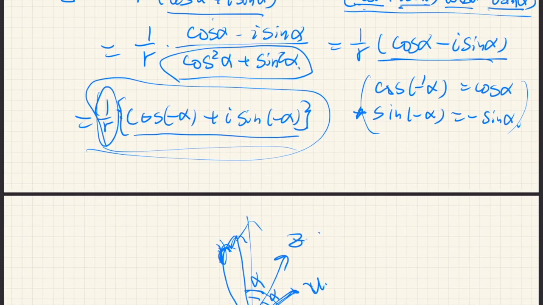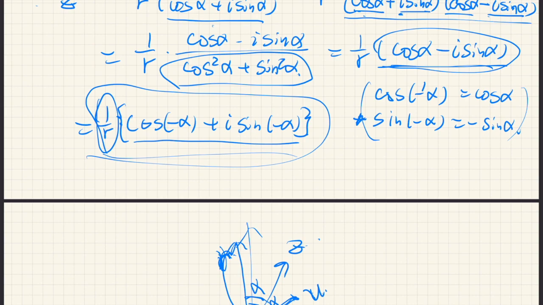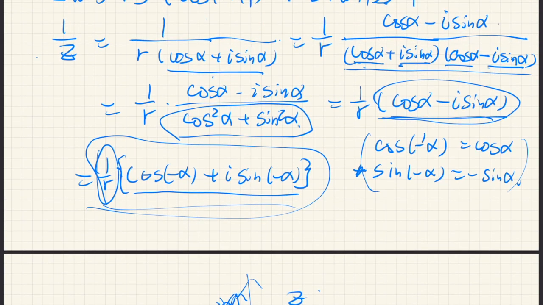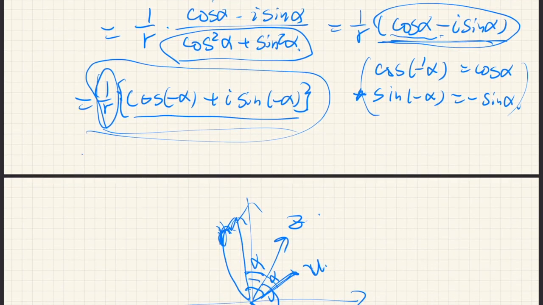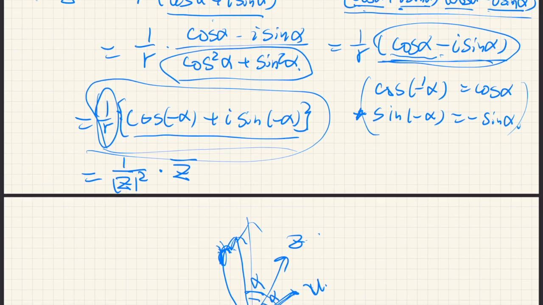And also, this one is the complex conjugate of cosine alpha plus I sine alpha. So we can also write this as 1 over the absolute value of z squared times the complex conjugate of z.